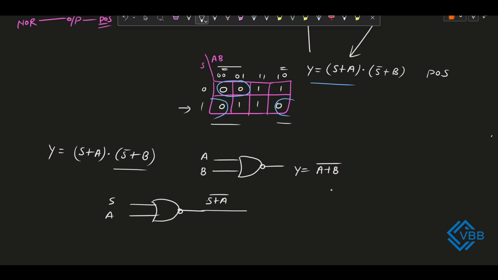Now, using the similar concept we used in the NAND gate implementation, we will first convert the S into the S complement.